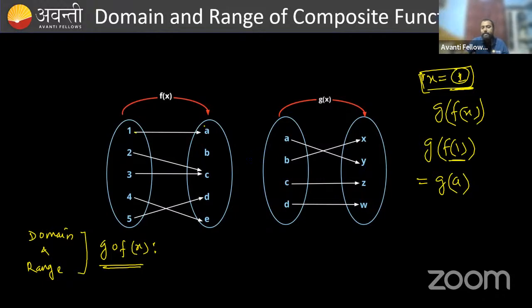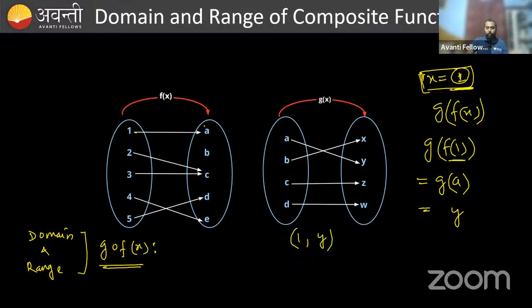g of a is what? In g of x, you can see a is mapping to y, right? So in place of g of a, we can write y. Similarly, when we are putting 1, the output was y.